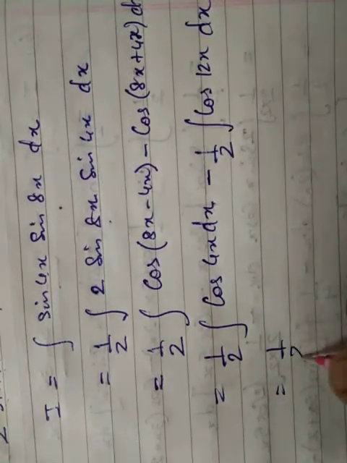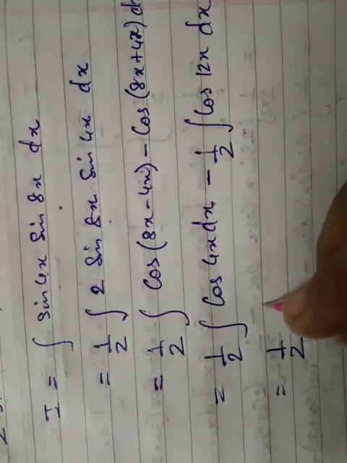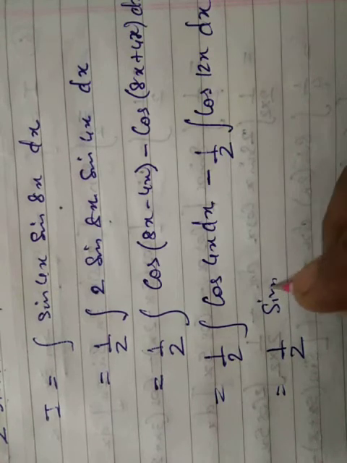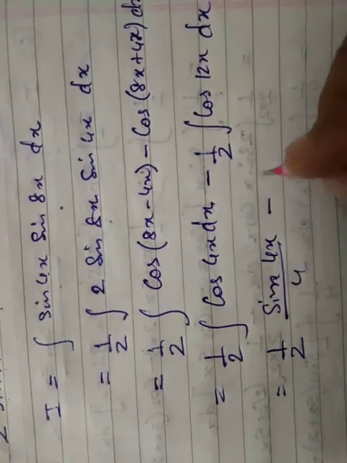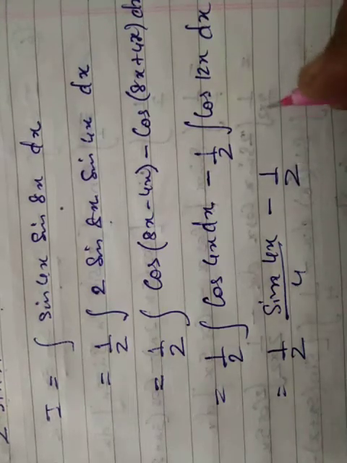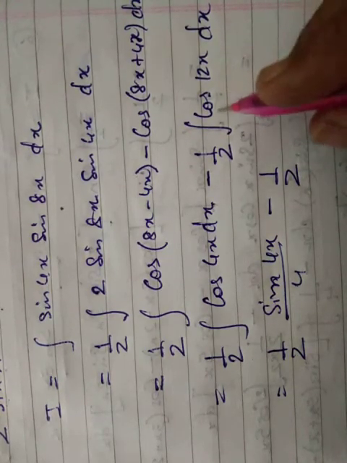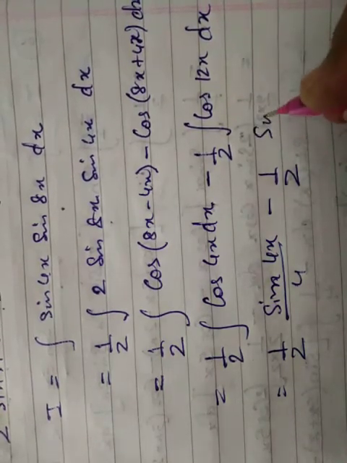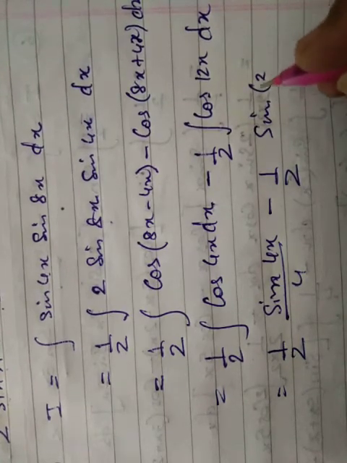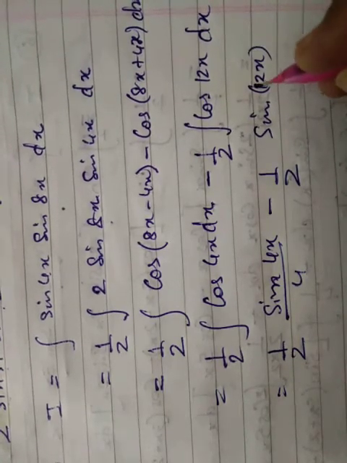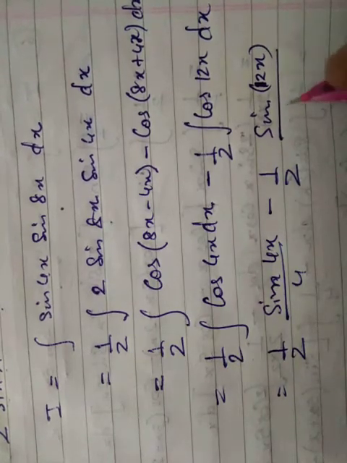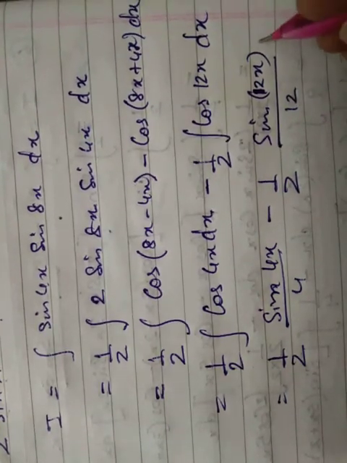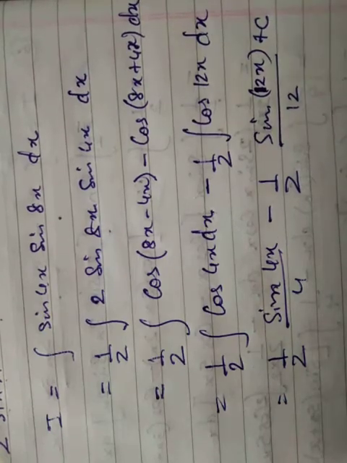That equals 1/2. Integration of cos is going to be sine of 4x upon 4 minus 1/2, and the integration of cos 12x is going to be sine of 12x upon d by dx of 12x, which is 12, and plus the constant of integration.